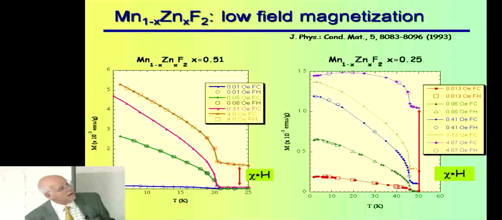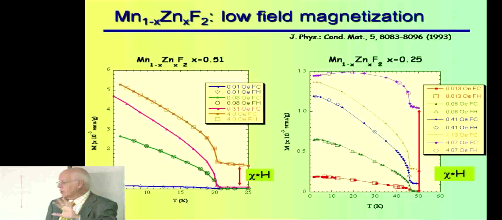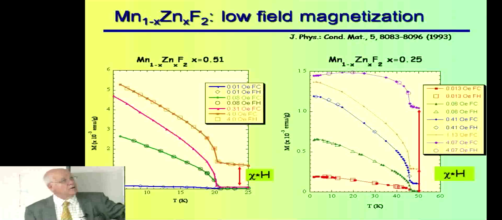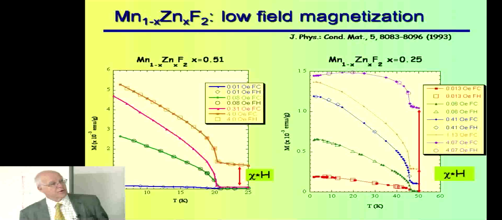Here I have a dilution of 51%. I told you that in one case it will be very high. It's in the manganese fluoride. We need 51% of zinc substituting manganese to have this huge effect. Well, huge, small effect, sorry.